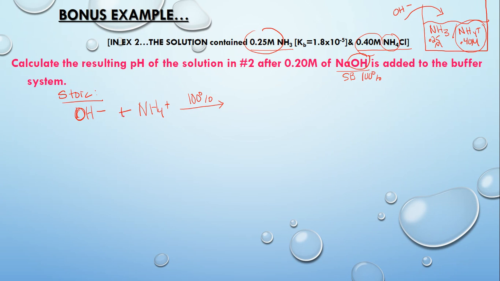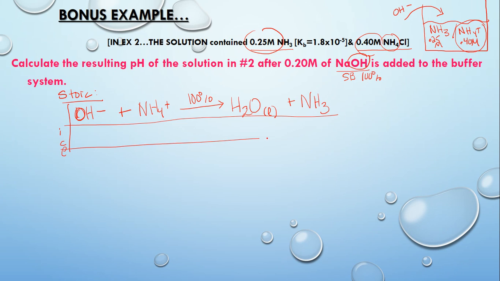Now think about what happens here. Ammonium is going to donate a proton to hydroxide. When ammonium donates a proton to the hydroxide, hydroxide will become H2O, liquid, and it's going to leave behind the ammonia. See, NH3 is showing up over here as a product, and it's also in our buffer system. So keep that in mind and look at the things that are related to each other.